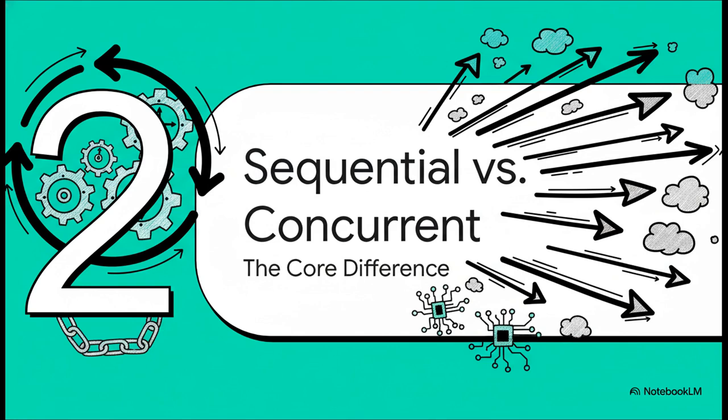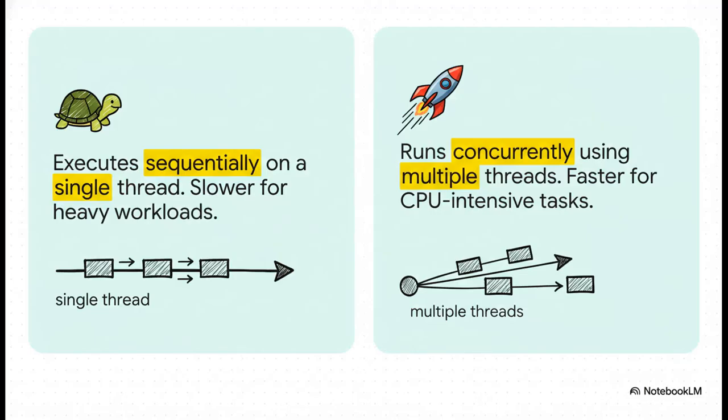And that brings us right to the core difference, the real heart of the matter. You've got the old, familiar, one-at-a-time sequential loop on one side, and on the other, you've got the powerful, all-at-once concurrent approach of Dispatch Apply. Let's put them side by side so you can really see what's going on. A regular for loop is predictable, right? It just plods along, running everything in order, all on a single thread.